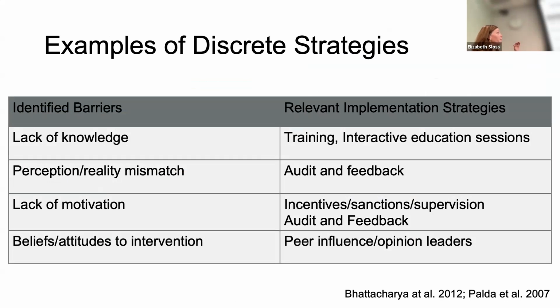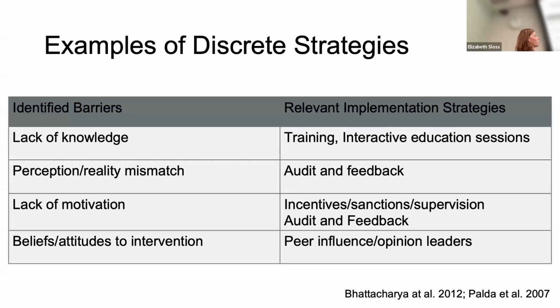So if you have a barrier that's lack of knowledge, training and interactive education would be two strategies you could select to address this barrier to implementation. Lack of motivation, incentives, that's the positive. The stick version is sanctions or supervision. You could do audit and feedback as a mechanism, and audit and feedback sometimes contains elements of goal setting, right? So if motivation is your problem, you could set a goal and work towards that goal.